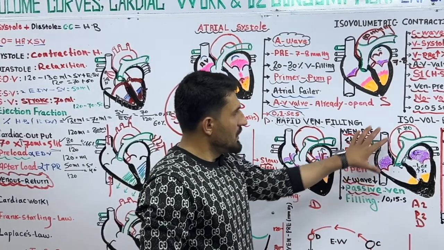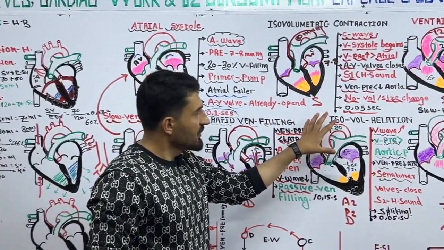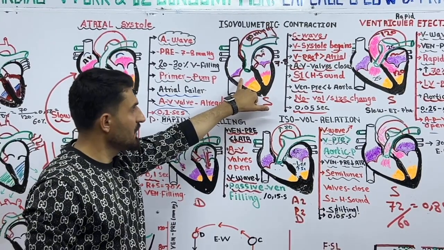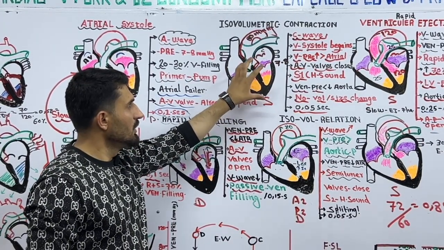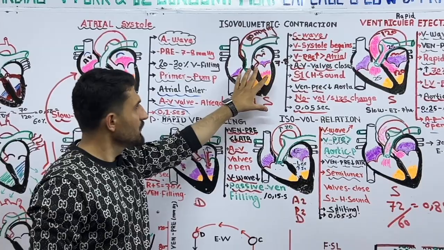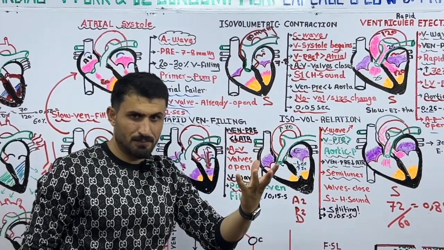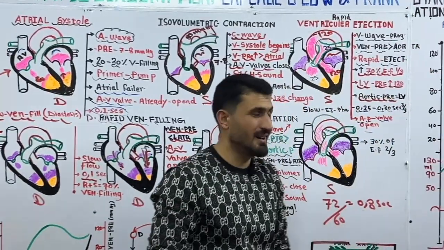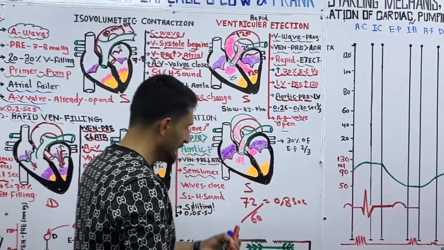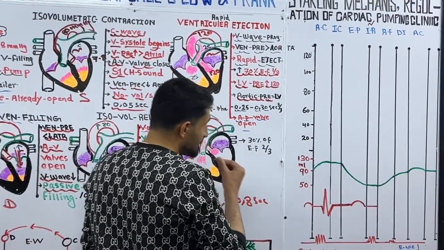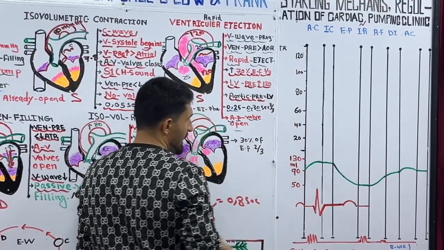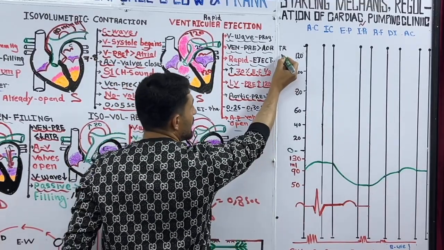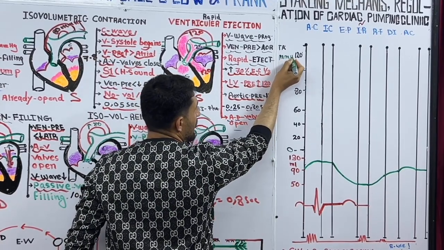Now let me show you the cardiac cycle in a graphic presentation. If we put a device, a catheter here, this device will show us some graphic presentation, and I'll explain it here, because in Guyton and Hall it is so easy, don't worry. Here this is pressure, from 0 up to 120 millimeter Hg.